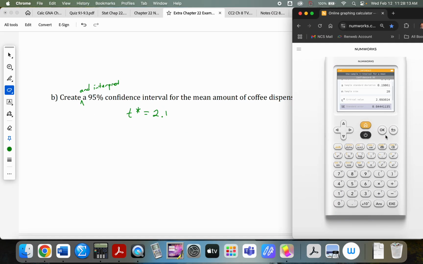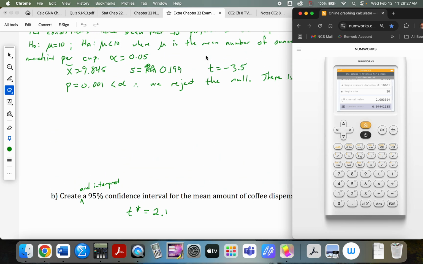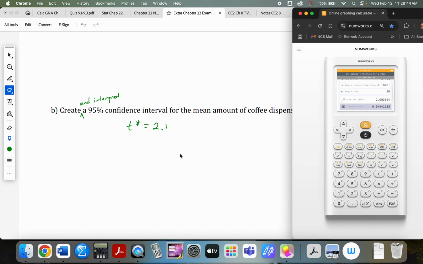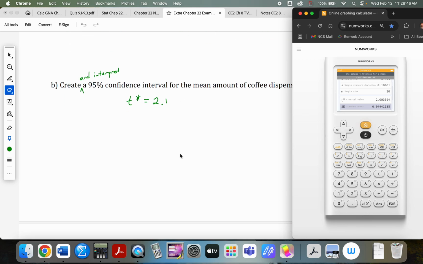Wait, so how is that different from the other t that we got, where it's negative 3.5? So here we're looking at, if the mean really is 10 and we get a mean of 9.845, how many t values is that to the left or the right from 10. As opposed to this, your t crit, you use that to ask, if I want to capture 95% of the data, how many t values do I need to have?